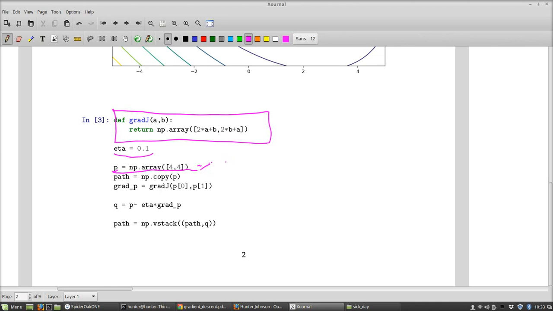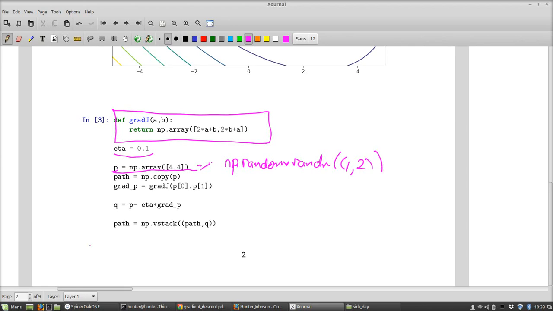In Python that would be np.random.randn, and then whatever the shape should be, like in this case, 1 row and 2 columns.